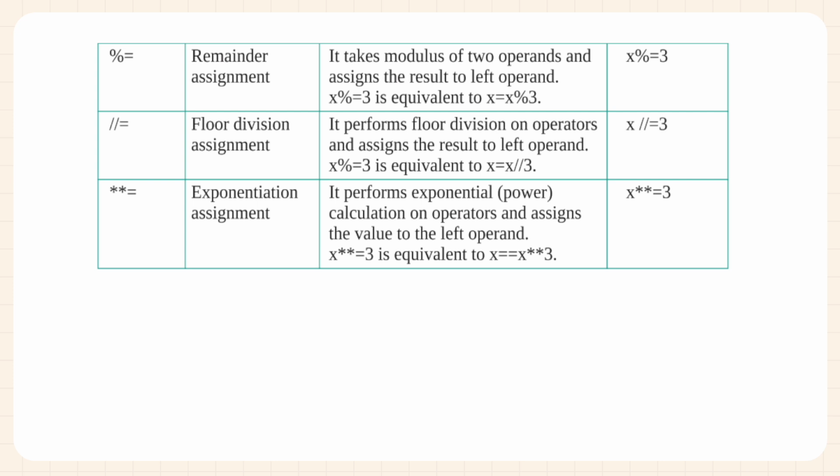Remainder assignment. It takes modulus of two operands and assigns the result to left operand. x %= 3 is equivalent to x = x % 3. Floor division assignment. It performs floor division on operators and assigns the result to left operand. x //= 3 is equivalent to x = x // 3.